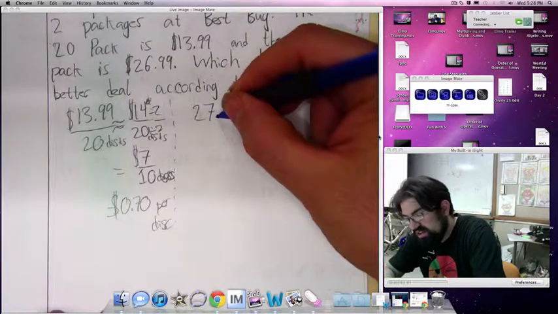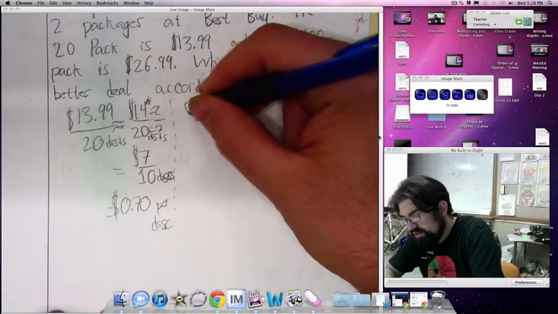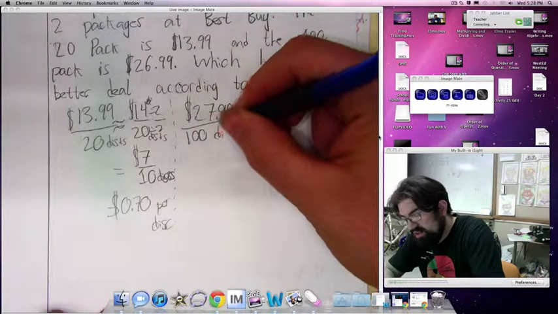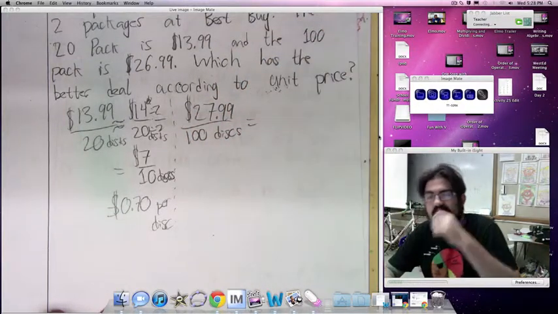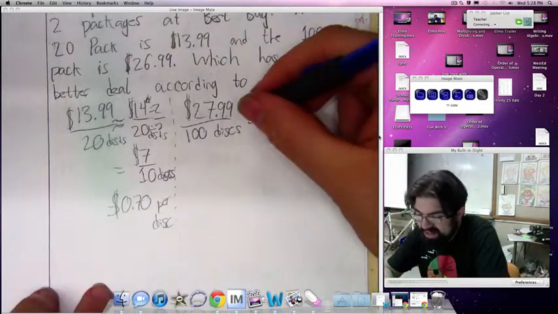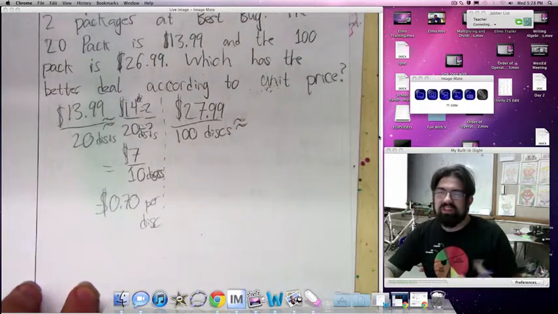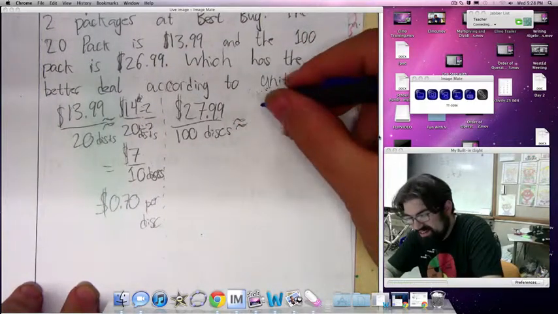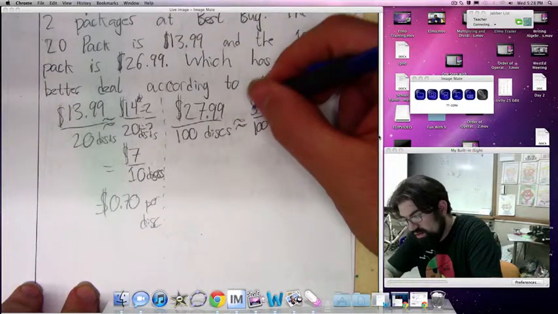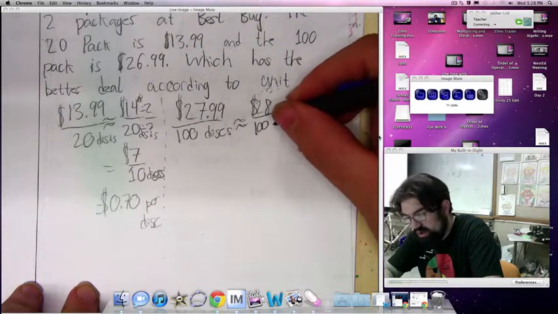It's $27.99 for 100 discs. And yes, I was spelling disc with a K. Don't. It's a C. I'm not estimating, I'm going to round up to 28 over 100. So it's about $28 for 100 discs.